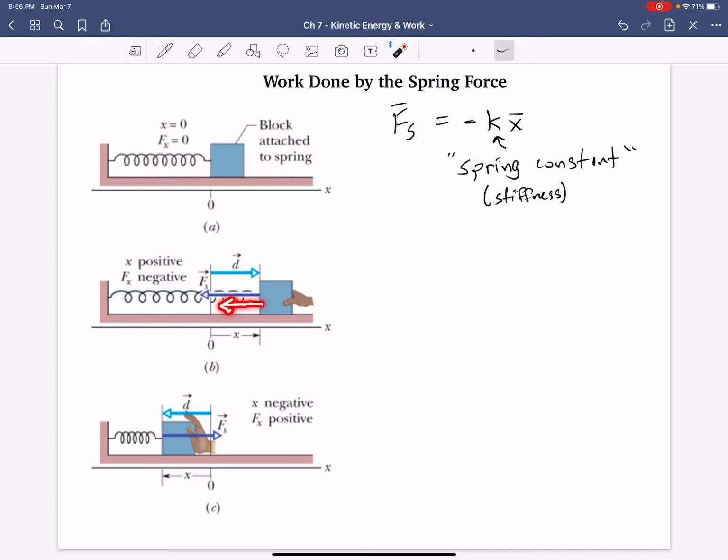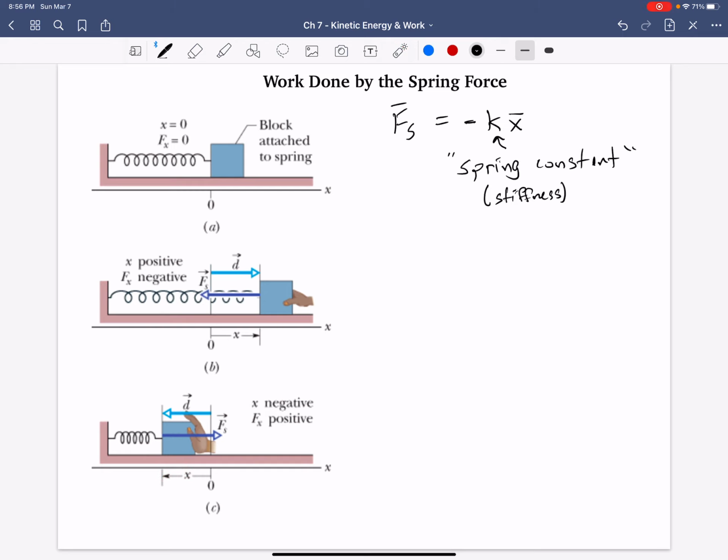But once that block passes the equilibrium position, now it's over here, it's compressing the spring. Now, it may still be moving leftward, but there's a spring force to the right as it's slowing down to a stop at a maximum compression distance. After that, the spring wants to push it back towards equilibrium. So the displacement is right and the force would be right.